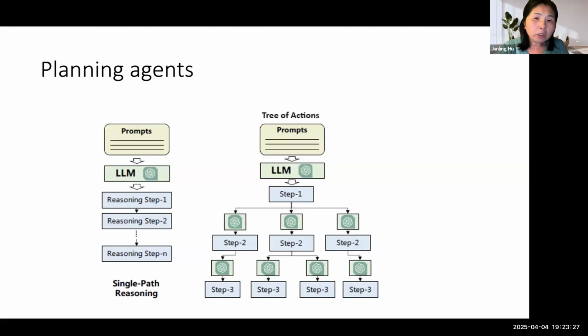As I mentioned, the tool use agent has this sequence of steps. So we go from step 1 to 2. There are many times we call a so-called tree of actions. For example, a software development agent may need to write code, but also need to fetch certain data or process the data. Maybe simultaneously you may do several things. One agent could wait for another agent to complete a certain task.